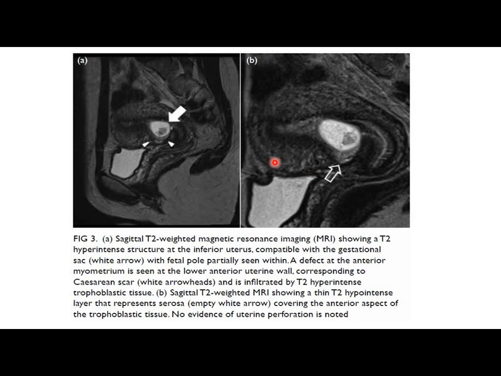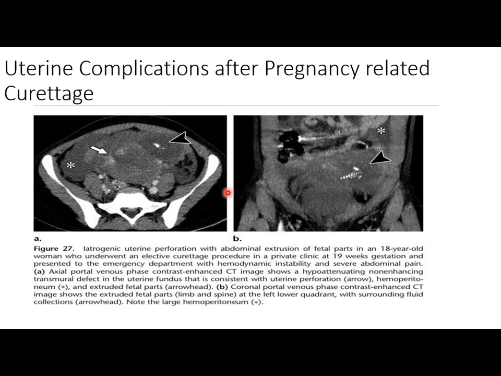Also, this T2 image shows a gestational sac at the site of the previous scar. Look, this is the myometrium, and this is the presence of trophoblastic tissue. Threatened abortion? It's low, the baby is alive, and everything looks normal, except it's in the scar. It's not that easy to differentiate, but maybe the clinical scenario will tell.